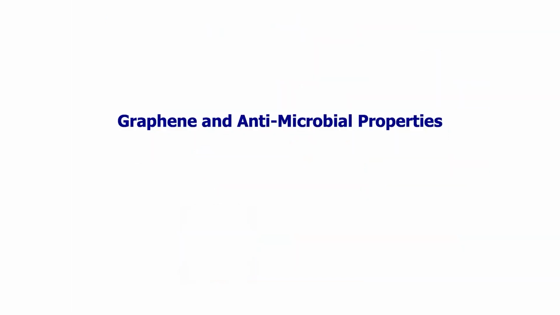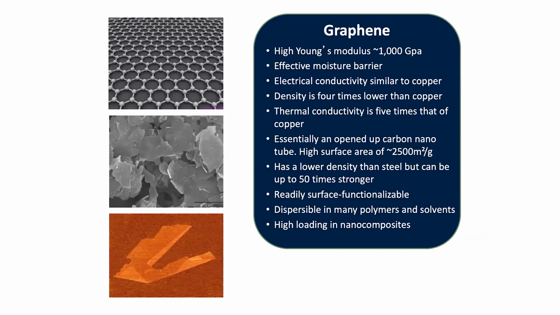Now, let me turn to the last topic of our talk, which is graphene and its use as antimicrobial agents. Graphene is a highly sought after nanomaterial. The cost is actually going down. Its outstanding properties include conductivity, semiconducting properties, effective moisture barrier properties, as well as high thermomechanical properties when properly oriented.